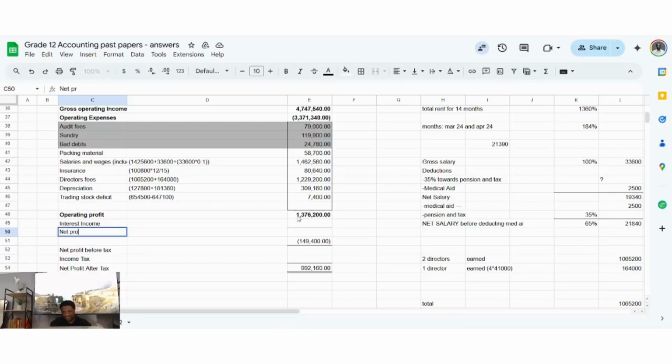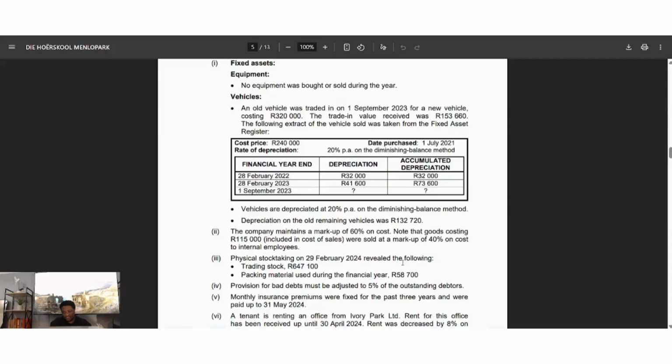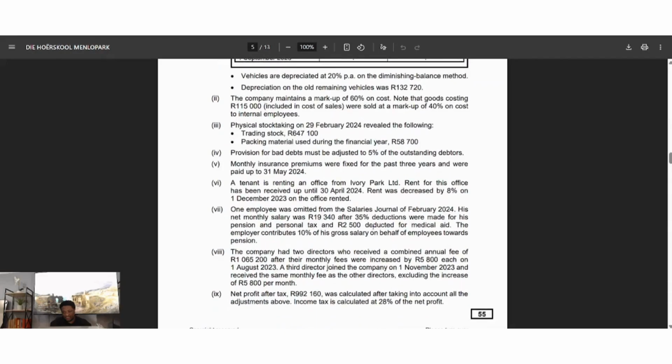So this is the net profit before interest expense, and then this was the interest expense. So let's see if we can fill out this information without having to look at the information. What do they say about maybe the tax rate, because that's what would give it away. It says income tax is calculated at 28% of the net profit.